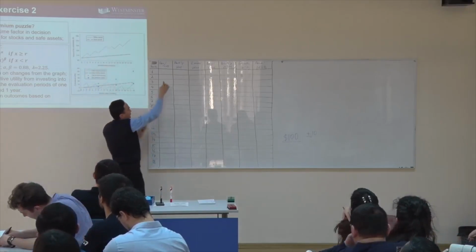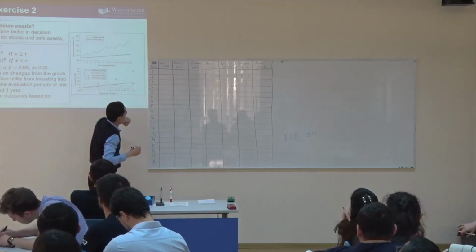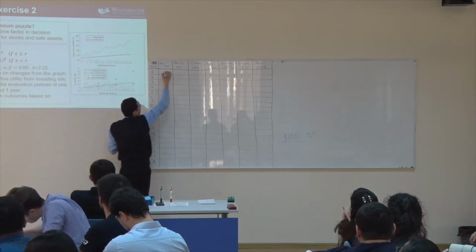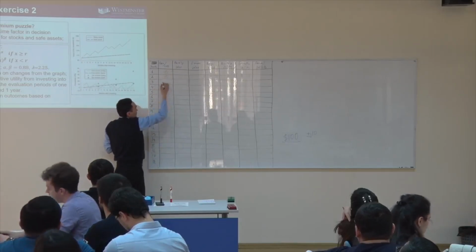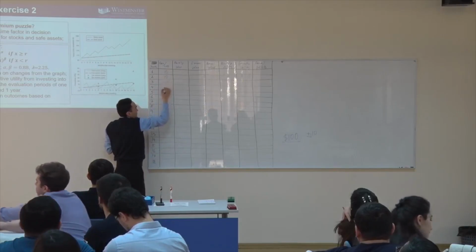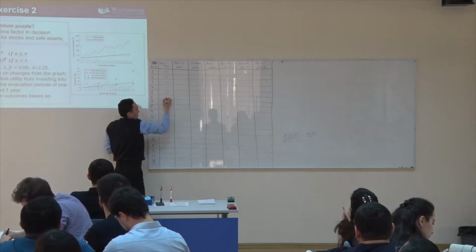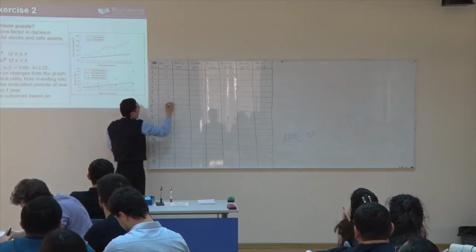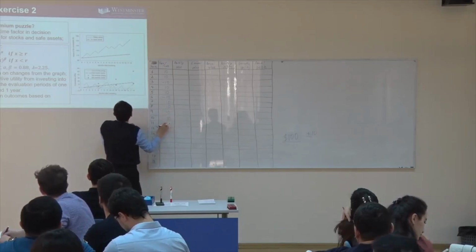Now, the first thing we have to do is write those changes. In the first month, was that a positive change? Yes. How much change? 10, right? Second month? 10. Third month? Minus 10. Fourth month? Positive 10. Fifth one? Positive 10. Sixth one? Minus 10. 7? Positive. Positive. 9 also positive. 10? Negative. 11?